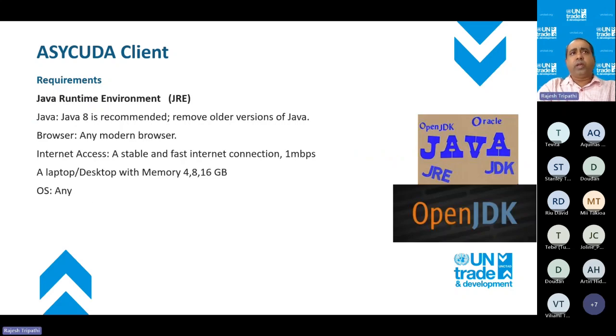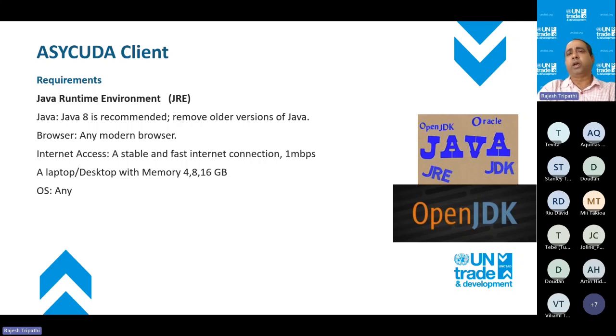Now, let's quickly see what is required as a user to run ASYCUDA client on a PC. If I'm running Windows, or I'm running a Mac laptop, or I'm running on a Linux-based desktop environment, it's very clear that for ASYCUDA to run on any of these platforms, you would require a Java runtime environment.